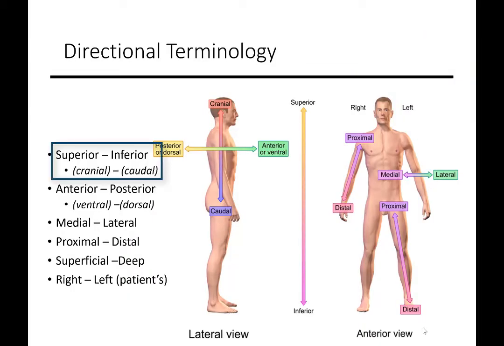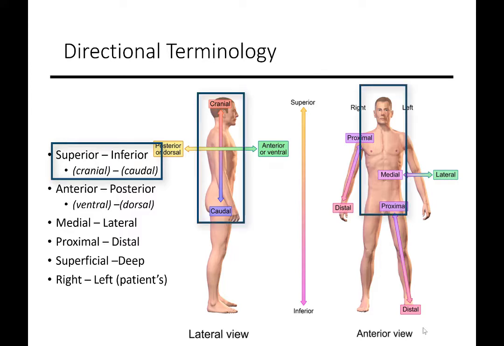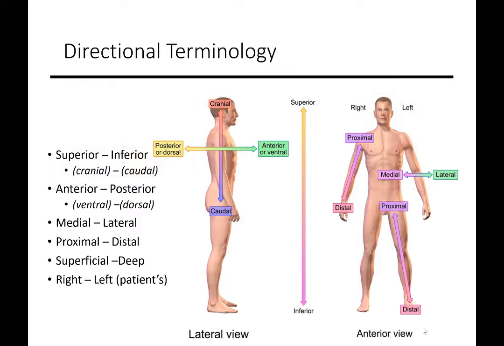Superior and inferior, sometimes known as cranial or caudal, meaning head to tail, are most commonly referred to with regard to the torso. So if you're looking at your belly button, you can say my belly button is inferior to my sternum or inferior to my neck. Anterior and posterior, also known as ventral, which is the front.